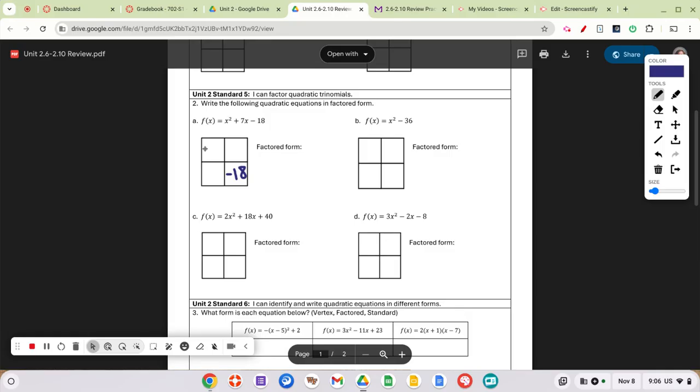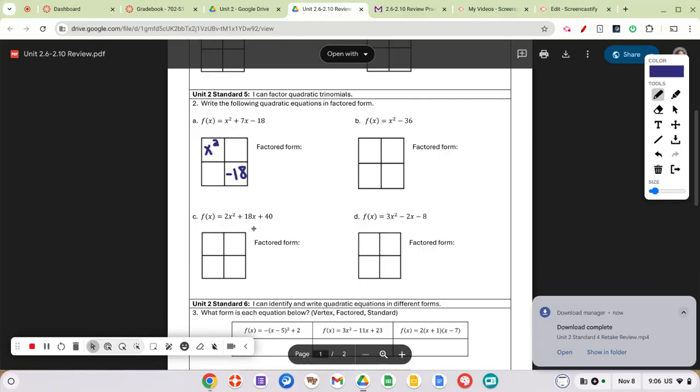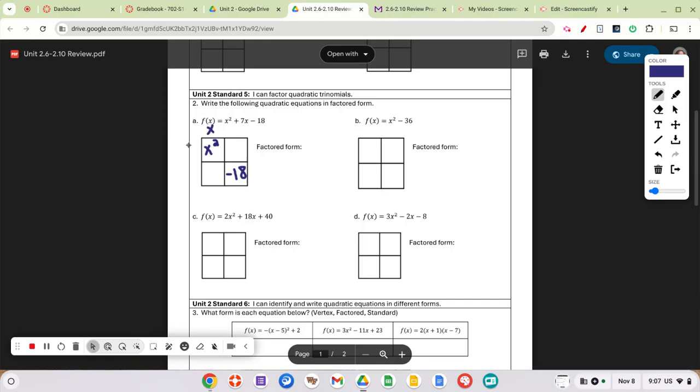To get x squared right here, you've got to have an x and an x. And then somehow between these two, we have to get 7x, but somehow that's got to multiply to negative 18.